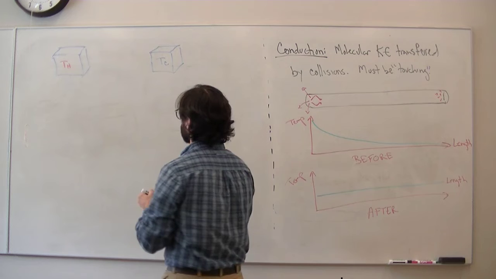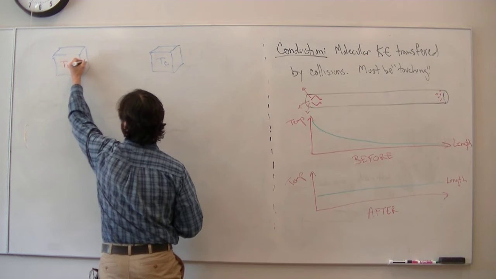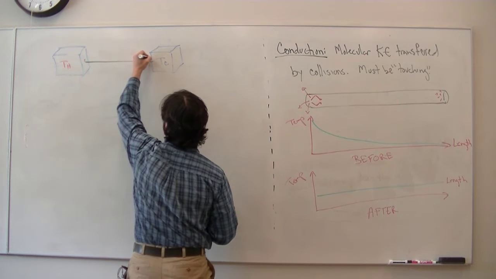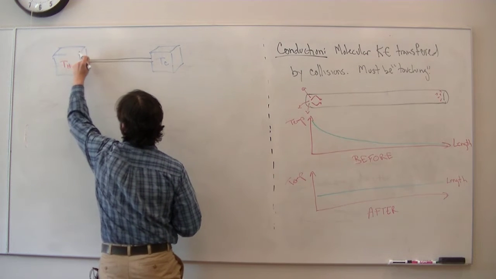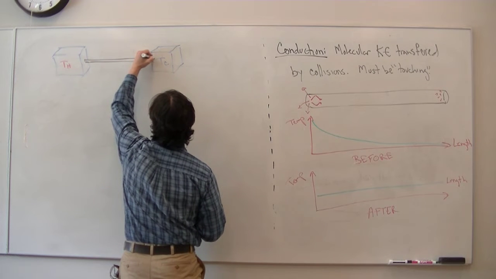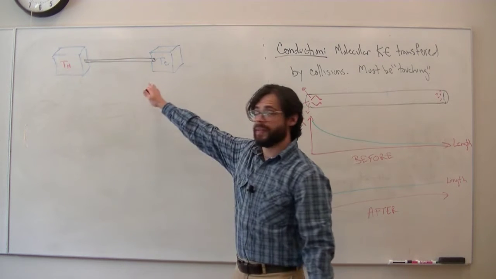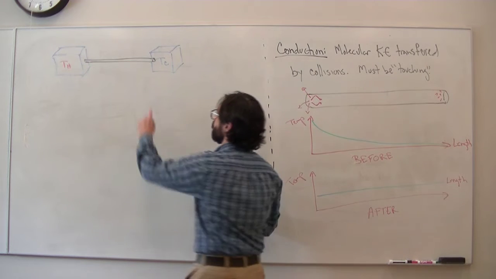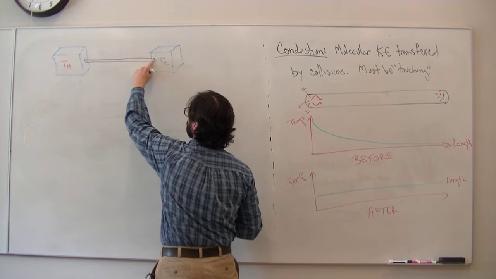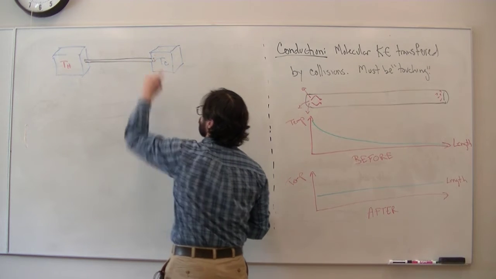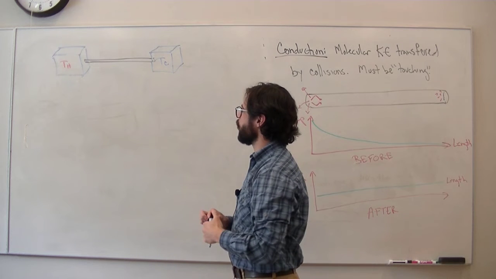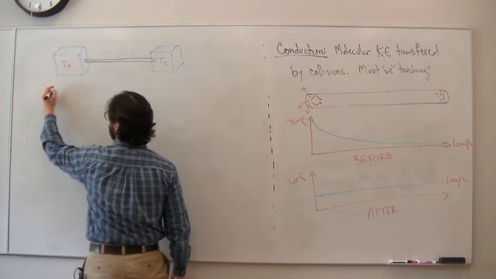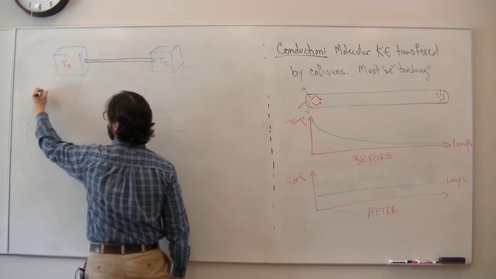And I'm going to connect them with a pipette or a really thin bar. And this really thin bar is going to be the thing that conducts the heat. So the bar is the thing I care about. And this somewhat artificial setup lets me write down a formula that makes a lot of sense. So what I want to talk about is the heat transfer per time.